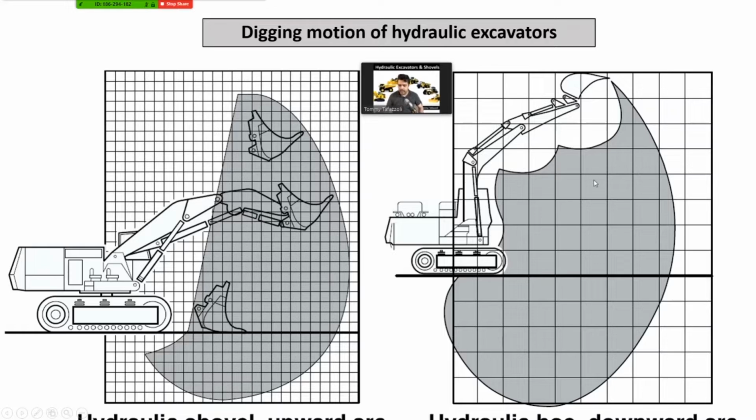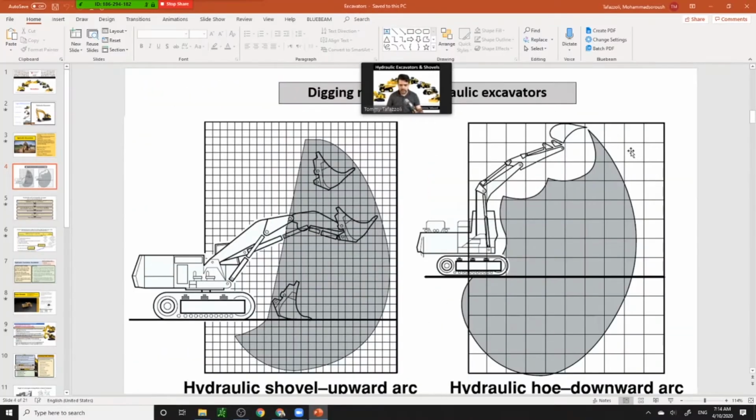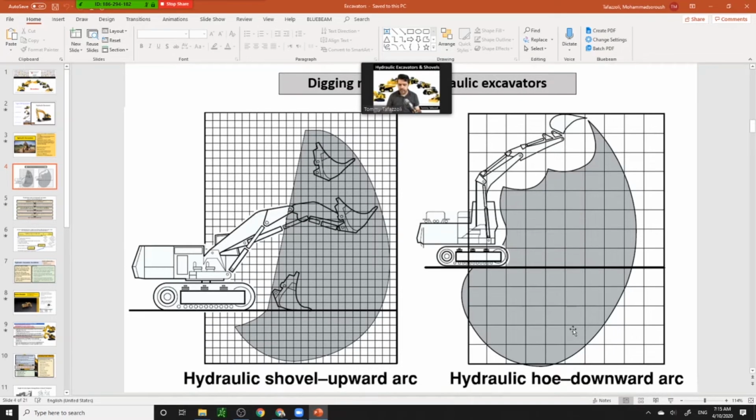And this one is hydraulic hoe, downward arc, and this is hydraulic shovel, upward arc. So you can see the difference between downward and upward. As you can see, downward arc has a lot better control in areas that are just in front of the equipment and even under the equipment.